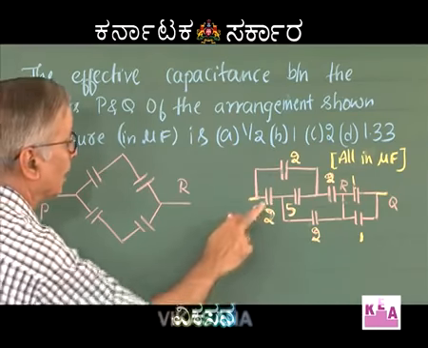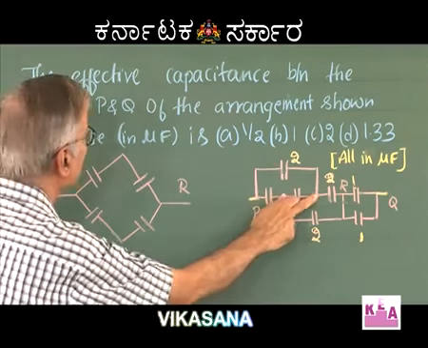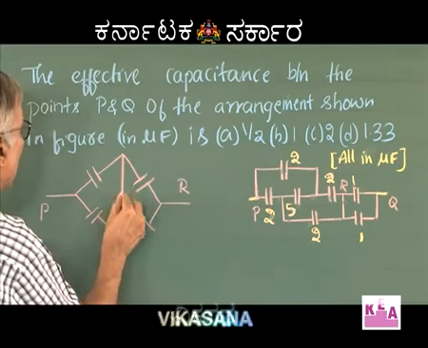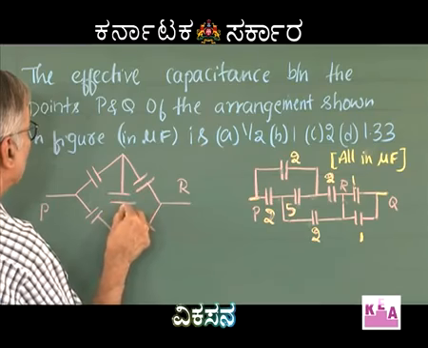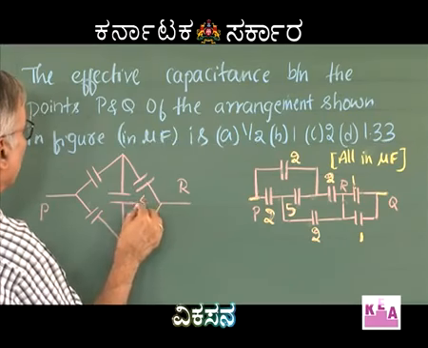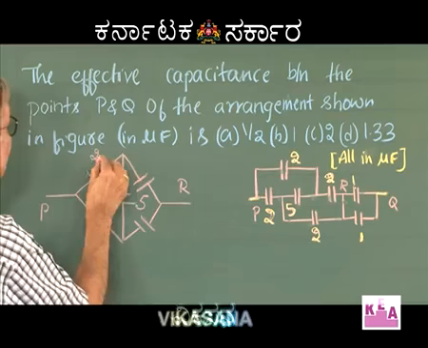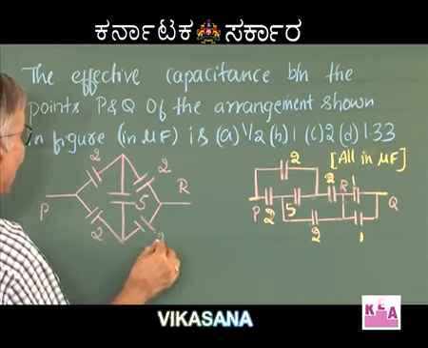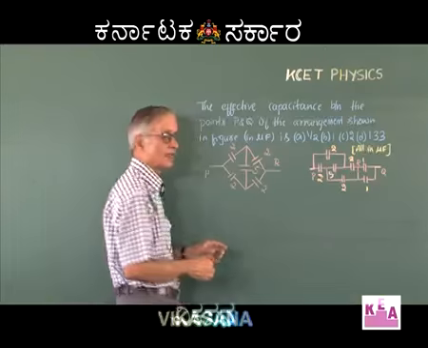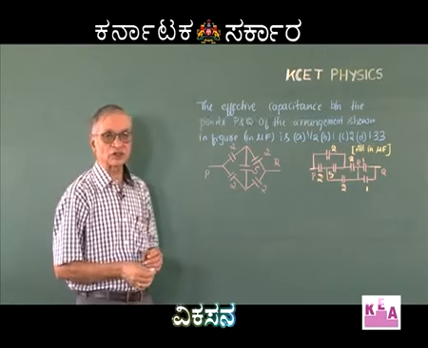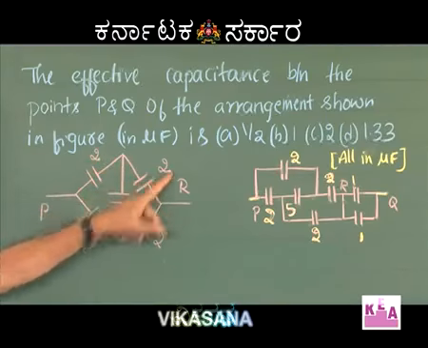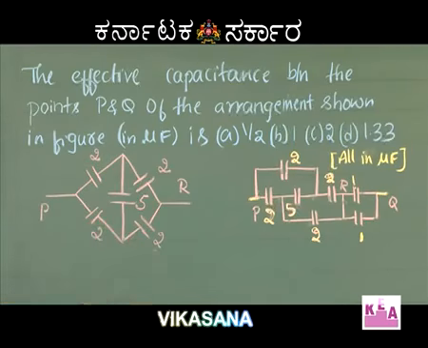Note that between this point and this point, there is another capacity, that is 5 microfarad. This is 5 microfarad, while the other capacities are 2 microfarad each as shown in the figure. A little consideration will show you that 2 by 2 is equal to 1, 2 by 2 is equal to 1.